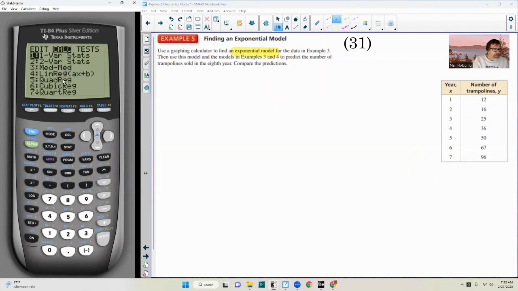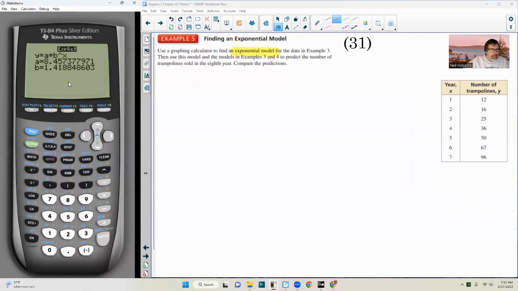And these are all the different types of models the calculator will do. They told us to do an exponential regression, which is 0. So I had to scroll down, calc 0, hit enter. Now it's saying X list is coming from L1, Y is coming from L2. So all you got to do here is just enter through. And when you get to calculate and hit enter, it will calculate your equation.